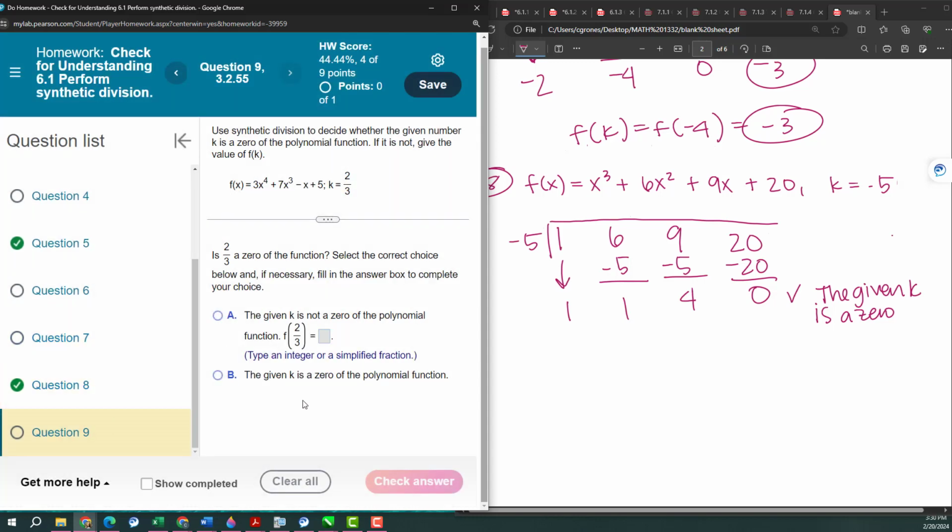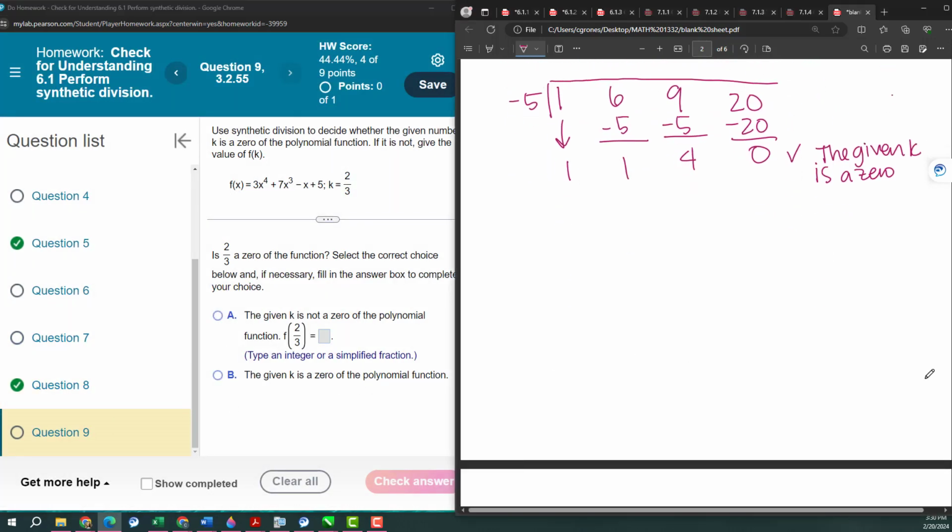And then let me do number 9 as well. So kind of similar. Number 9, we've got f of x equals 3x to the 4th plus 7x cubed minus x plus 5. And then they give us that k equals 2/3.